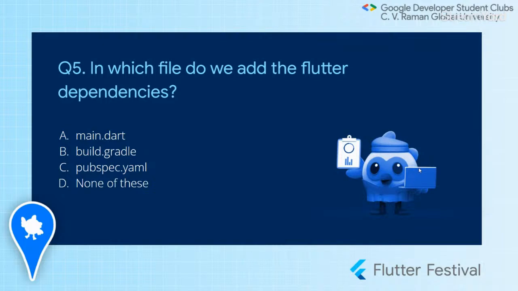That is the answer. 30 seconds more. So we are almost to the end of the session. This is the last question. Time is up now. Let's take a look at the answers.